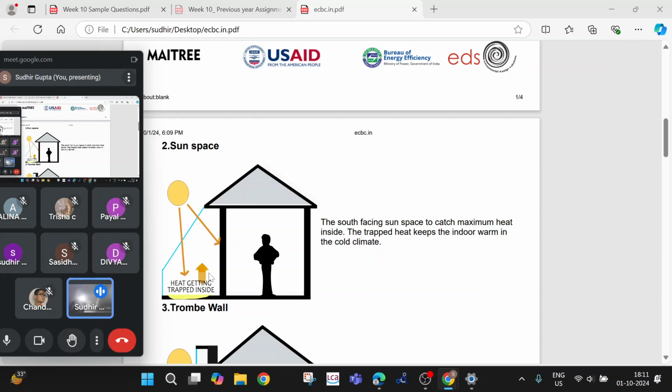This side of your building creates more of a greenhouse effect, where the shorter wavelength comes in, but the longer wavelength is not able to go out of the building. It keeps striking again and again, creating a hotter environment adjacent to your wall and heating your building overall, and that is preferred in colder climate conditions.